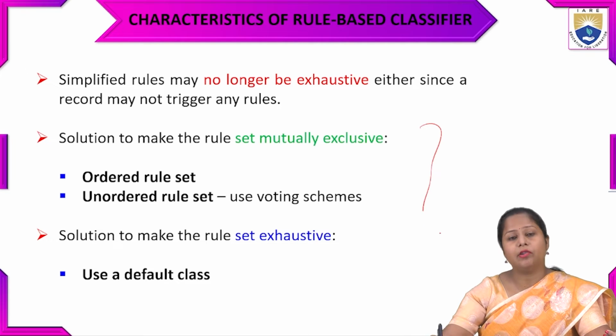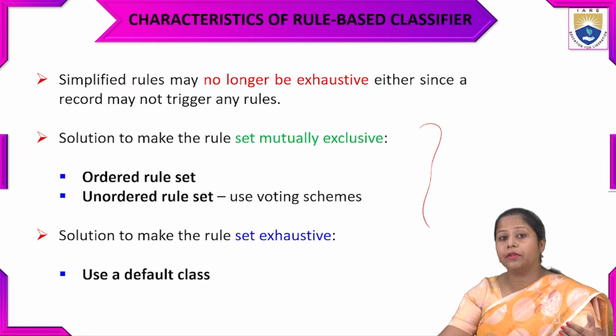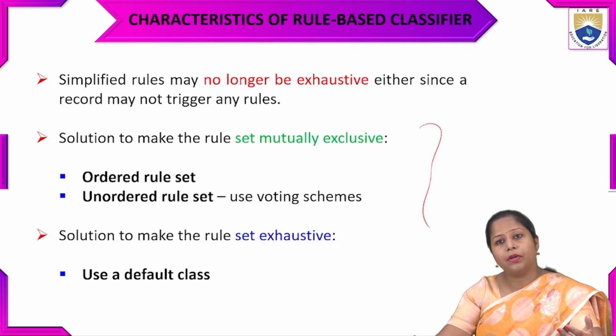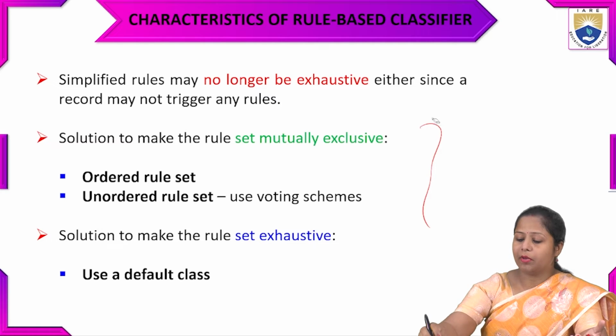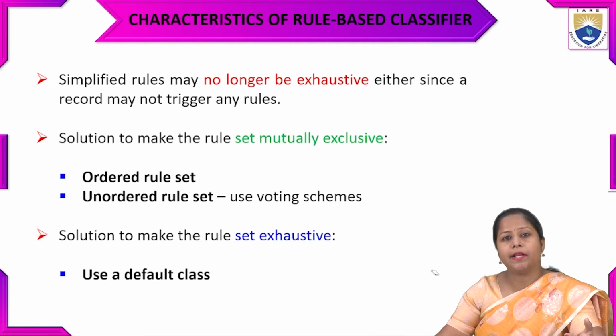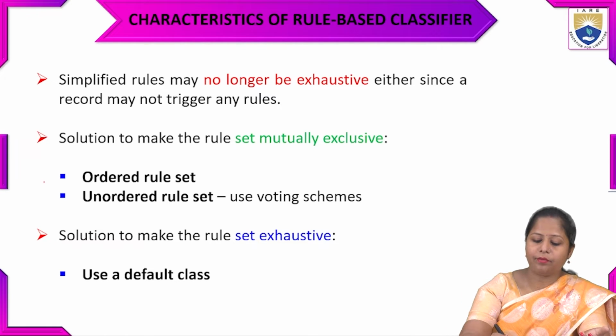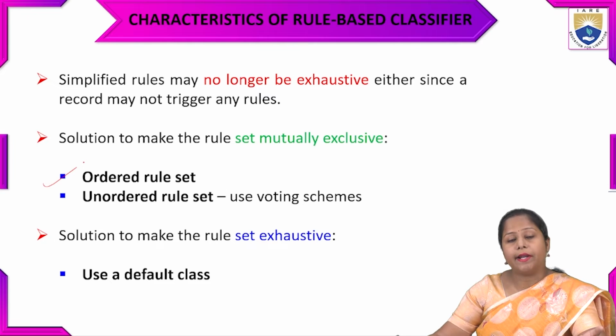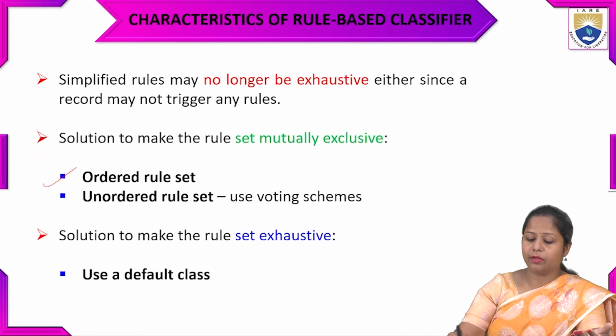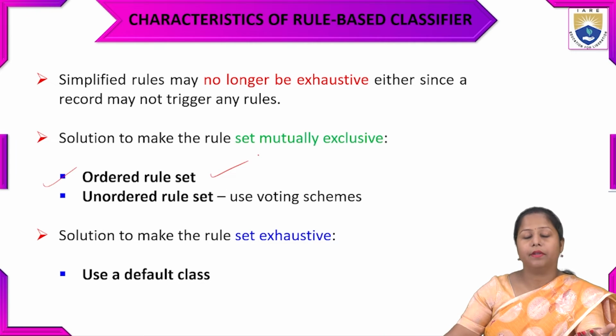So what solution can we take? If the rules are no longer mutually exclusive, there are two options. One is an ordered rule set, where we set the rules as an ordered set.